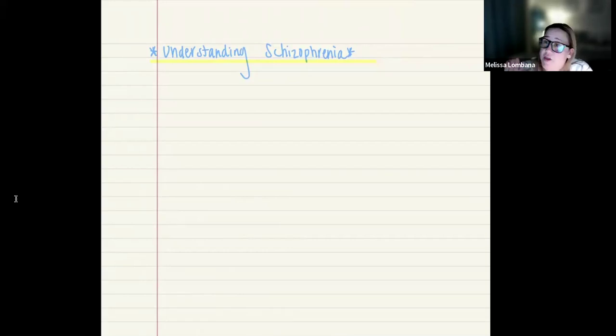They have not found the cause of it, but there is some research out there in which they have linked genetics and environmental factors as a cause. There's also abnormally elevated dopamine, and they also have enlarged fluid-filled ventricles of the brain.